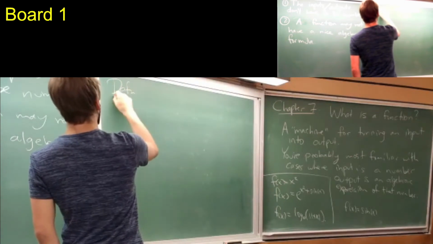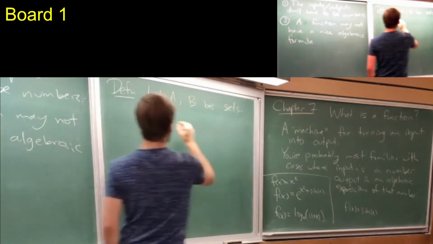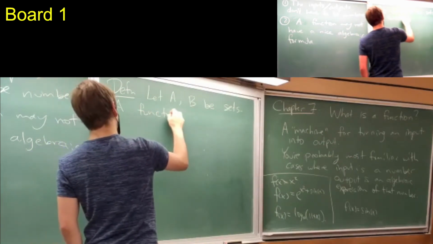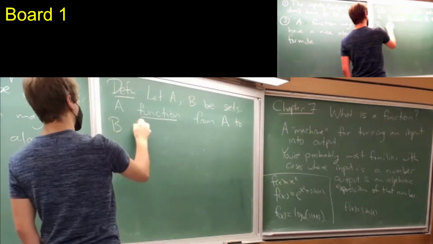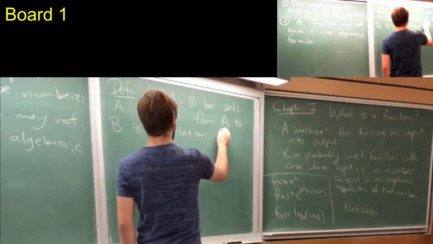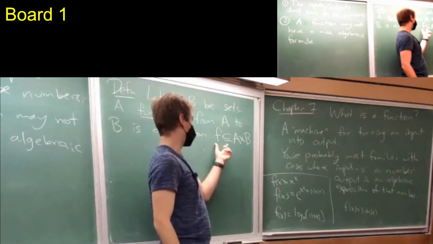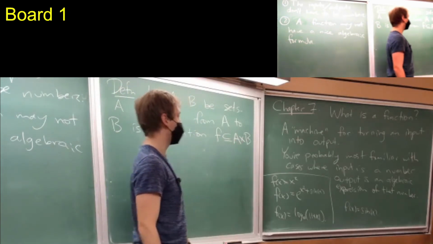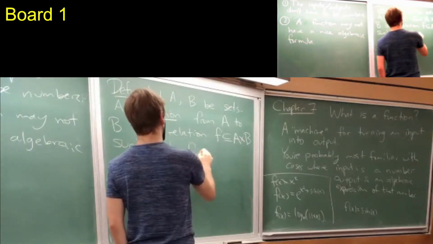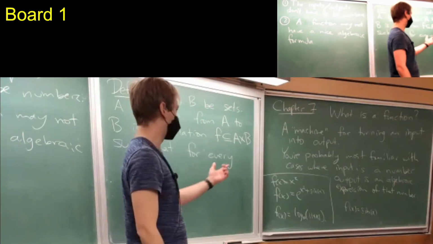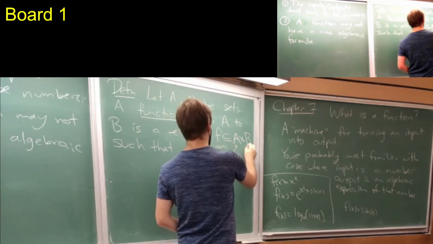So a definition. Let A and B be sets. A function from A to B is a relation f from A to B, so when we have a relation from A to B, that's the same thing as a subset of A cross B, such that for every, so you should think of A as being the possible inputs, and B as being the outputs.